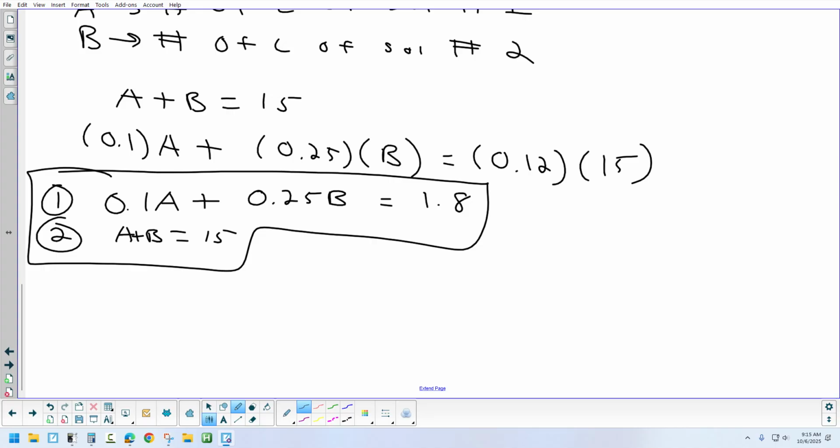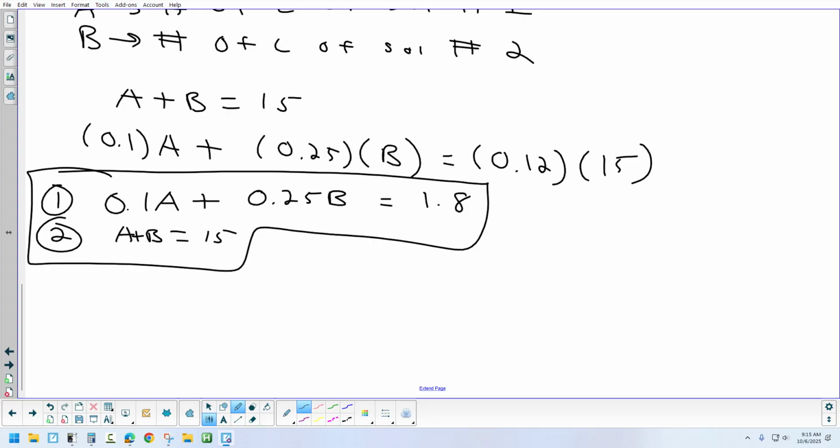So to use substitution, you've got to pick one of these equations and get a letter alone. You can use either one, but which equation do you think is easier to work with right now? Equation 2.